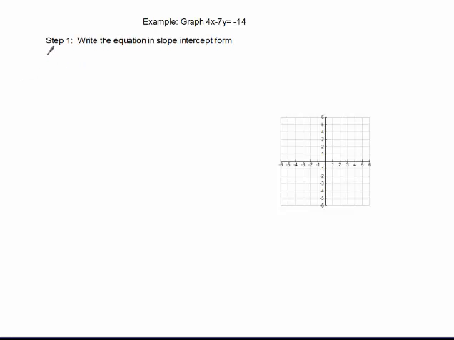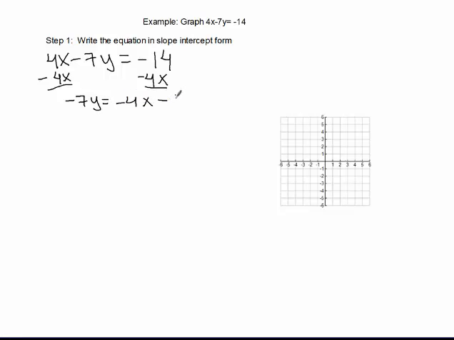We take our equation, 4x minus 7y equals negative 14. I want to get y by itself, so let me take away 4x from both sides. I have that negative 7y is equal to negative 4x minus 14.